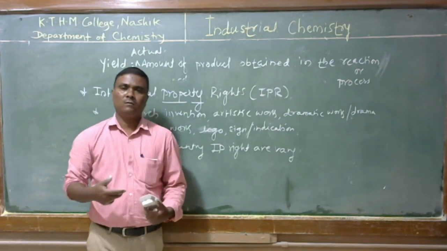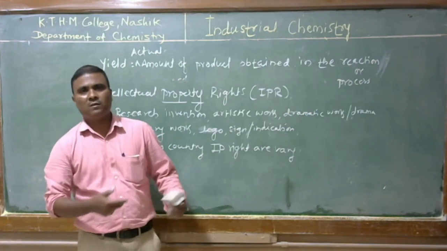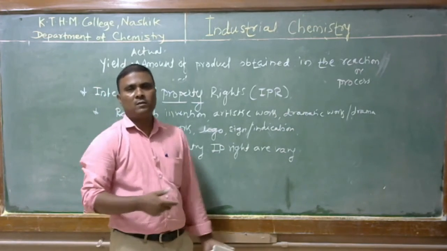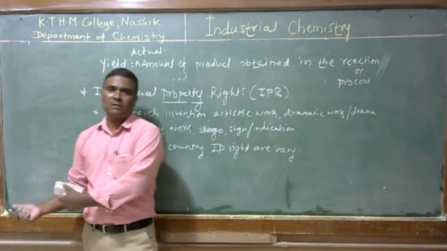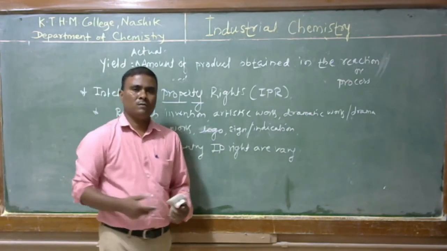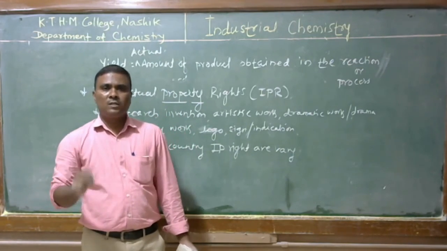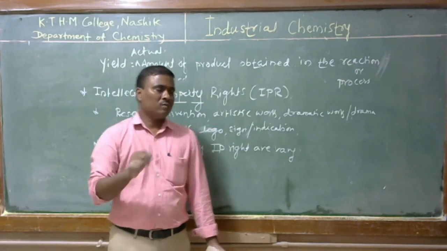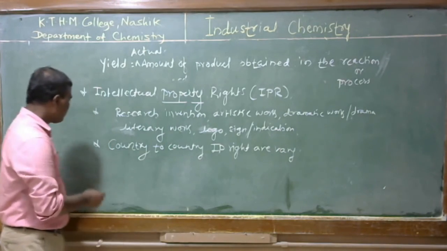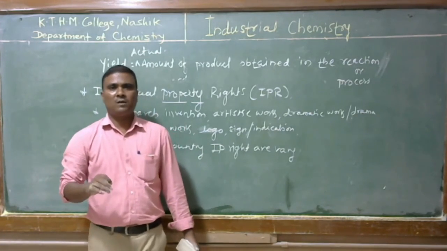In India, IP rights are different. In the US, IP rights are different, and in the European continent, IP rights are different. In Australia and in East Asian countries, Japan, Korea and others, IP rights are different. What I mean is that nation to nation, their laws are different to protect their intellectual invention. Major changes happened in Indian IP laws after 2005.